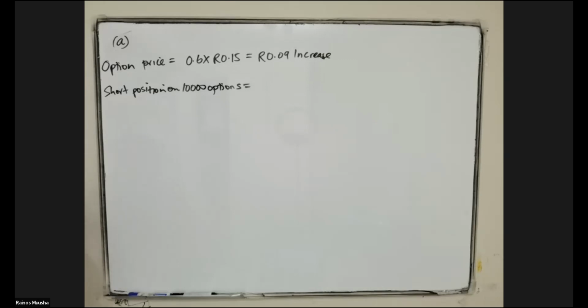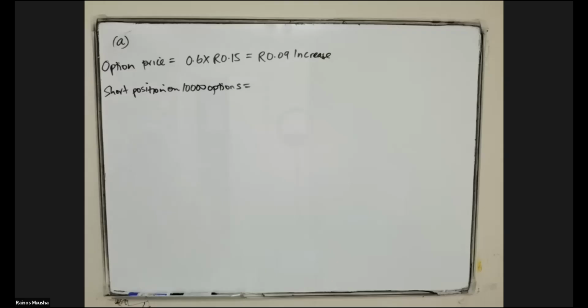Whatever happens with the underlying security, the delta and the gamma are used to see exactly how much exposure you are going to have. So the moment they say the stock price increases by 0.15 rand, we need to find out what happens to the effect of the delta and the gamma, because the gamma calculates the effect on the delta as well.